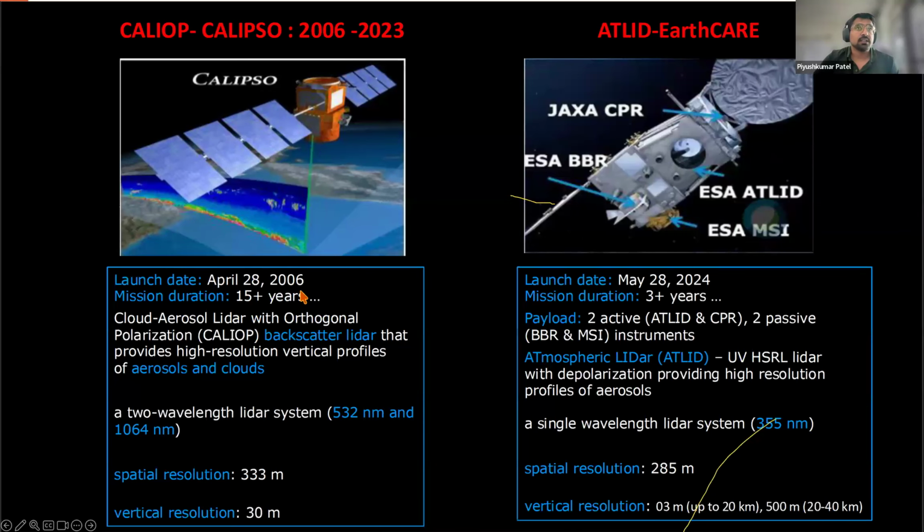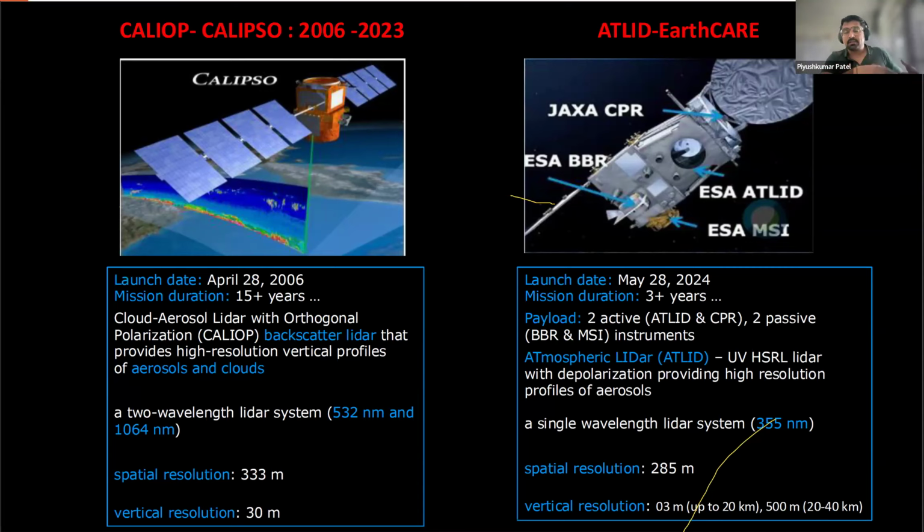Calypso was launched in 2006 and worked for more than 15 years. Recently, it shut down. It has two wavelengths, 532 and 1064 nanometers. The advantage of LiDAR is that it has a very fine spatial resolution. Also, it provides information vertically.